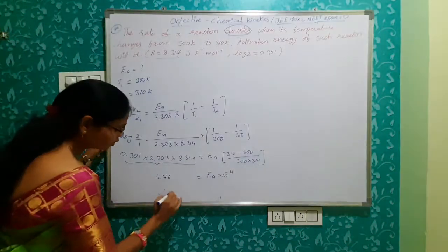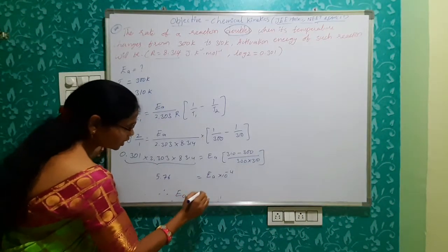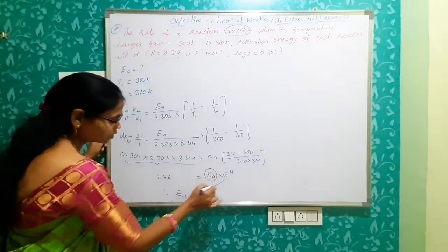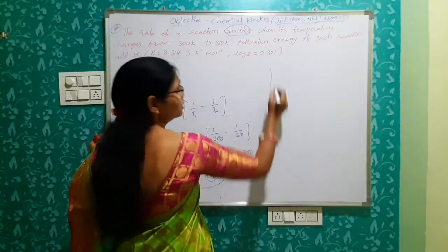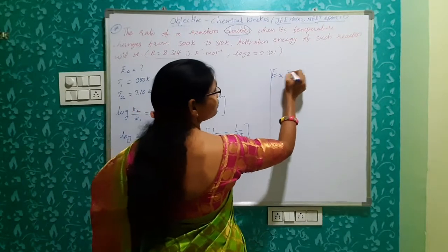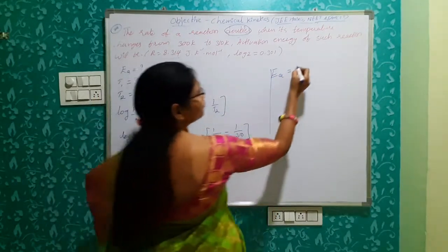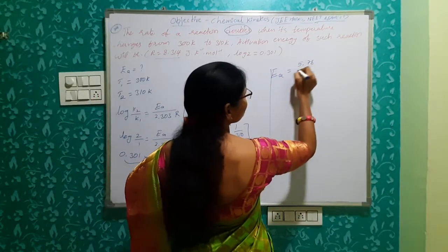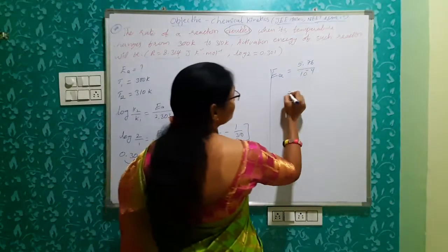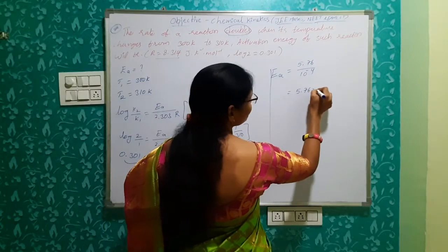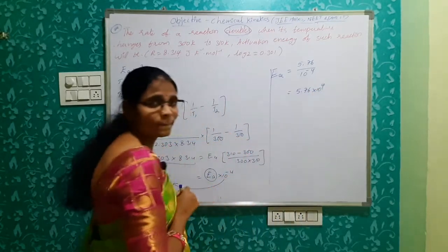So therefore, activation energy Ea is equal to, this is taken in the denominator. I will write here. Activation energy Ea is equal to 5.76 by 10 power minus 4, that is 5.76 into 10 power 4 only.